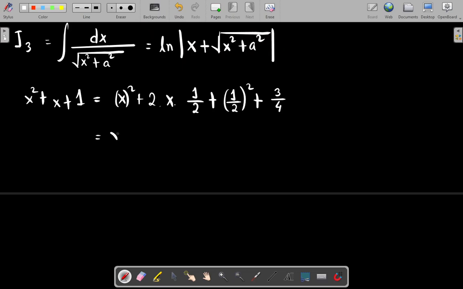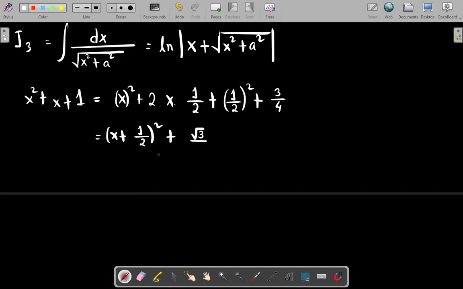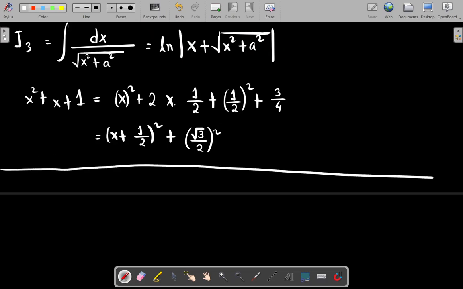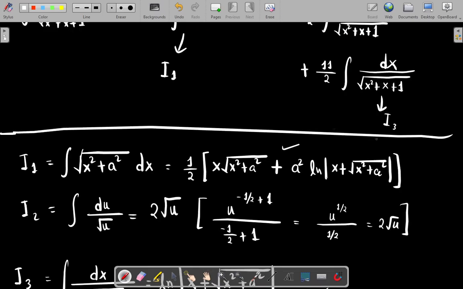So this changes to x plus half whole square plus, if I write this as a square, root 3 by 2 whole square. In all of these formulas, there is a square, right? x in our case is just x plus half, and a in our case for all these three integrals will be root 3 by 2. So these are the 3 or 4 formulas that I'm going to use for these integrals: the complete square version of x square plus x plus 1, and the formulas I will use for these 3 integrals respectively.